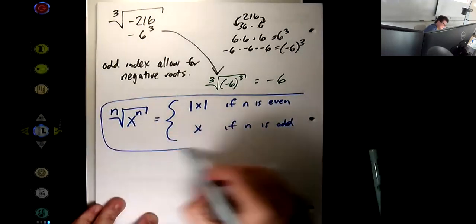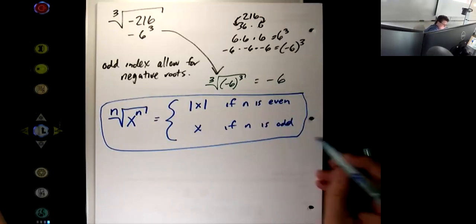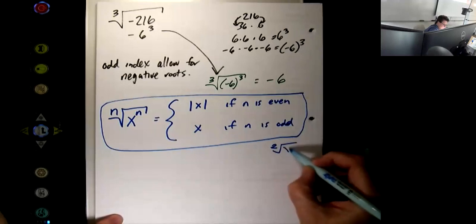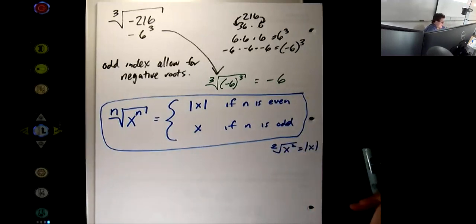This is important even for calculus. Calculus students are using this on their exam tomorrow. They're using the square root of x squared equals the absolute value of x, something you use in calculus.